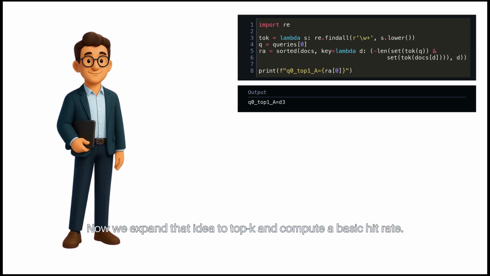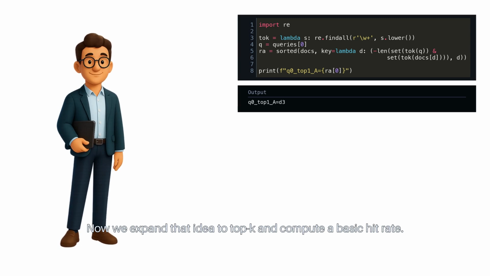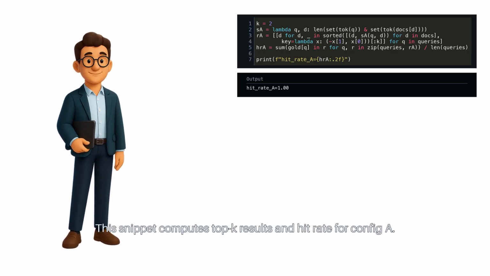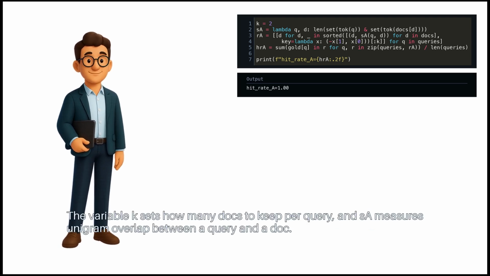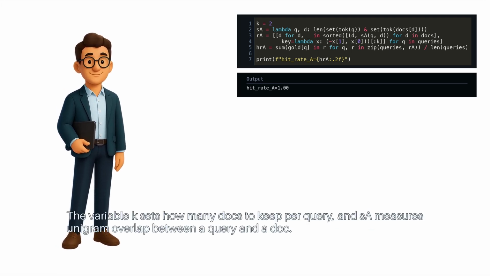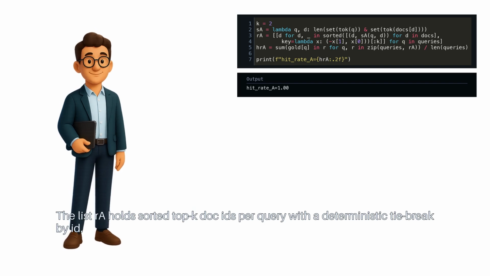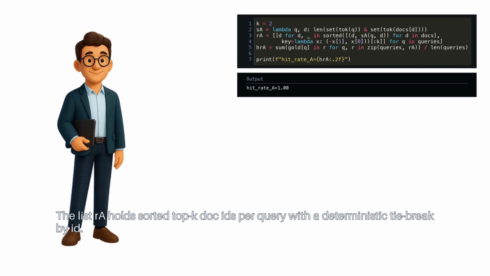Now we expand that idea to top K and compute a basic hit rate. This snippet computes top K results and hit rate for config A. The variable K sets how many docs to keep per query, and SA measures unigram overlap between a query and a doc. The list RA holds sorted top K doc IDs per query, with a deterministic tiebreak by ID.